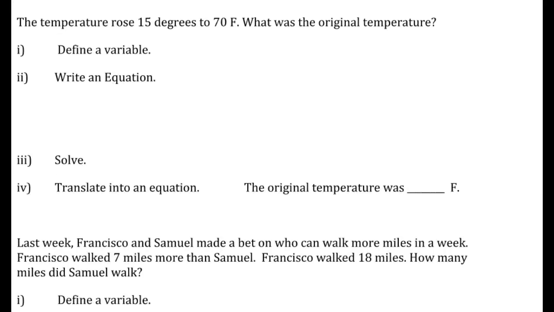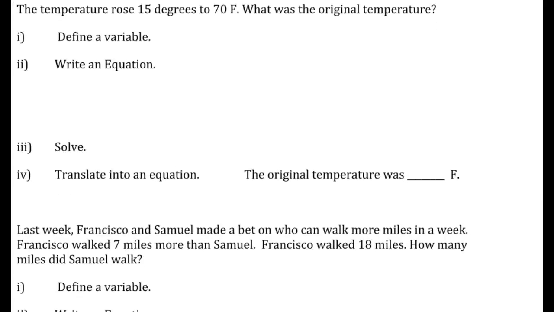Okay, so let's go down here. Number 2. Which variable do we want to use here? Temperature rose 15 degrees to 70 degrees. What was the original temperature? What's the label here? Temperature is the label. Fahrenheit is the units.